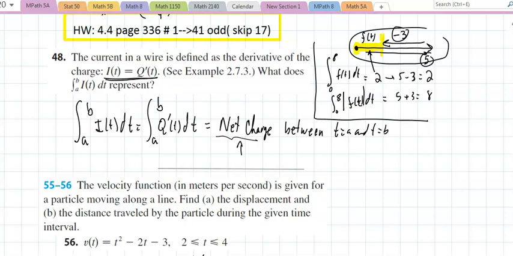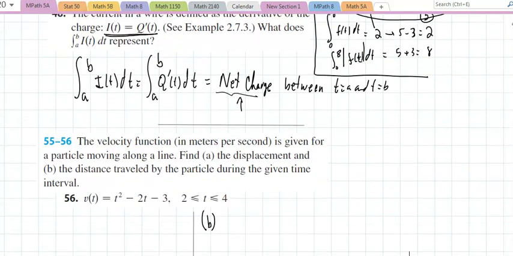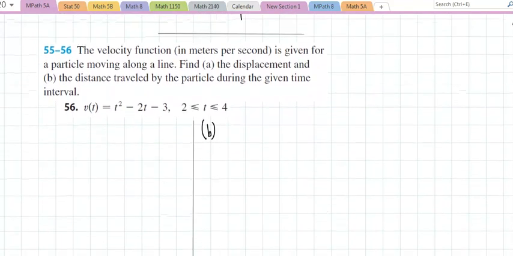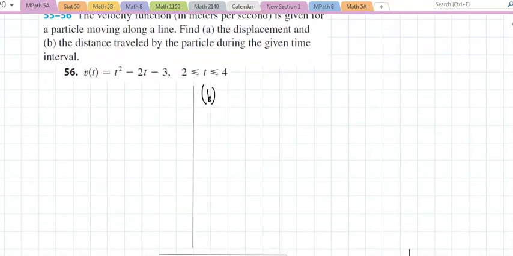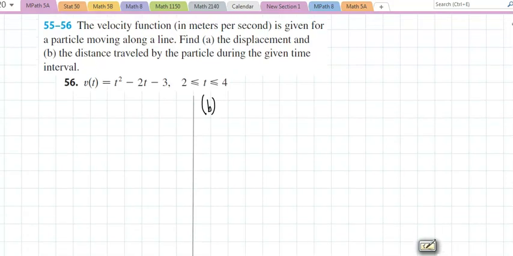Alright? So the next problem is number 56, and you have to distinguish between those. Let's start with this problem. It says the velocity function in meters per second is given for a particle moving along a line. Find the displacement.